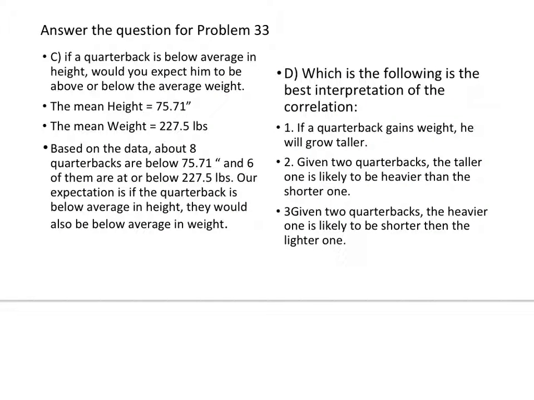So we're going to finish the answers in problem 33. Problem C asks, if a quarterback is below average in height, would you expect him to be above or below the average weight? Well, we found out that the average height is 75.71 inches.